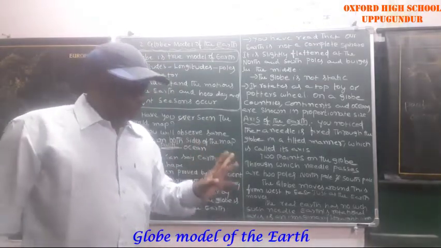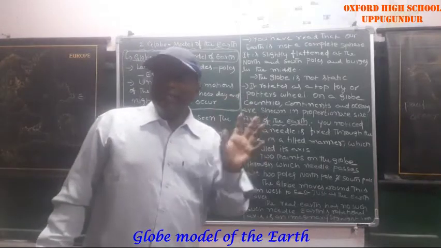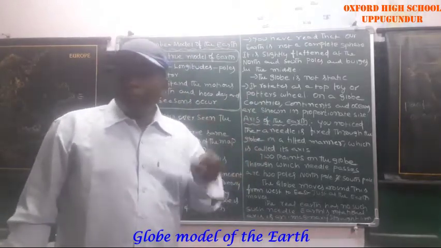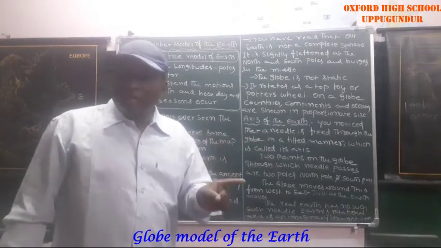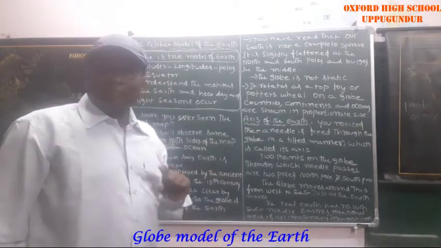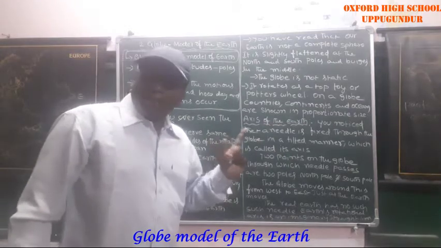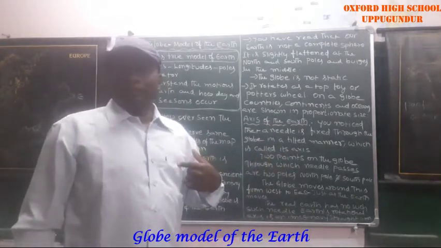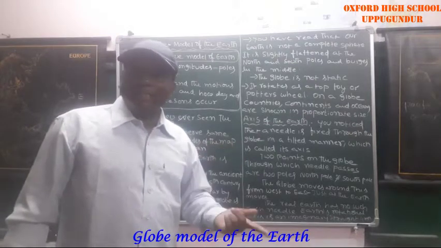Whenever these navigators identified the earth is in round shape, finally Columbus decided, if I start my journey westwards, I will reach either India or China. Finally, I will reach India. So he started his journey.